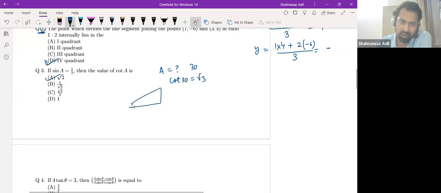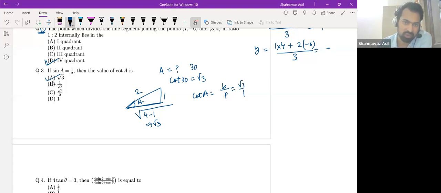Sine A is 1 by 2, so P is 1 and H is 2. Then you have to find the base, which would be root of 4 minus 1, which is root 3. And then cot A is B by P, so root 3 by 1. So in any way, we can solve this one, right?